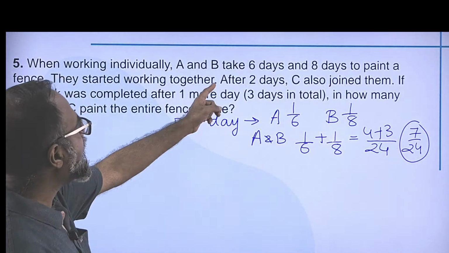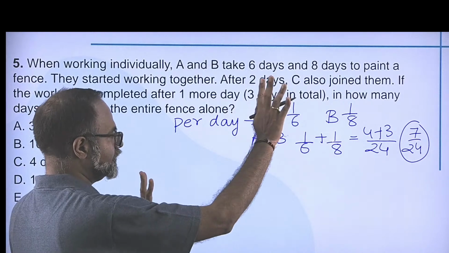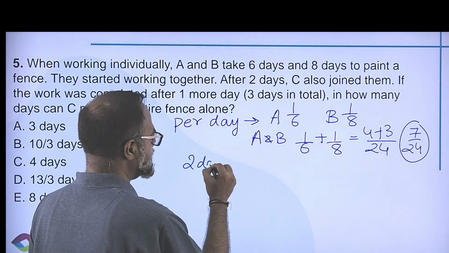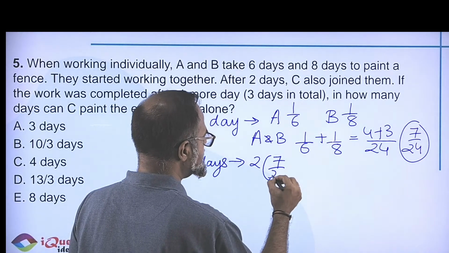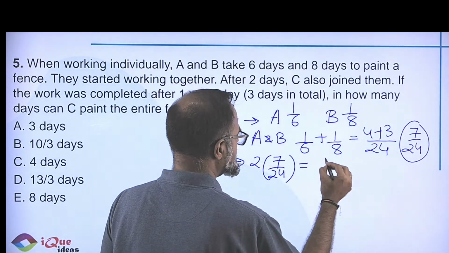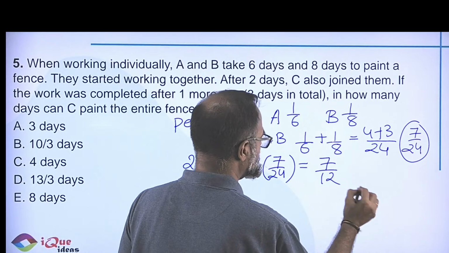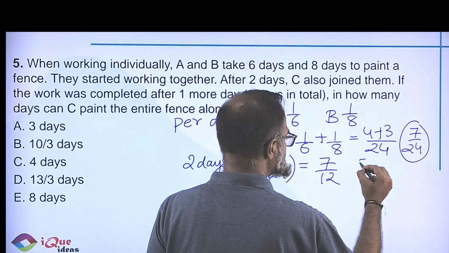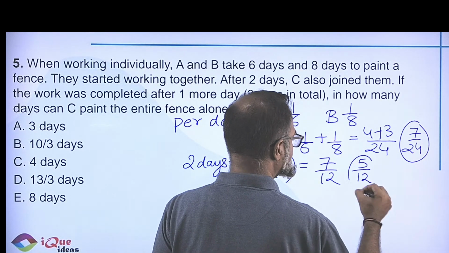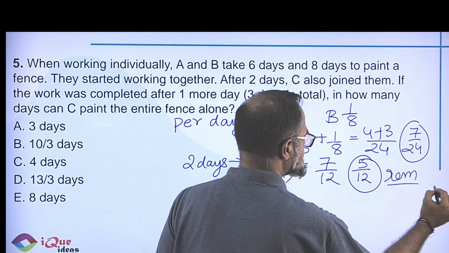Great. After 2 days, even before reading ahead, in 2 days, how much work did A and B complete? 2 into 7/24. So they completed 7/12 of the work, right? Or 14/24 of the work, which means 5/12 of the work is still remaining.